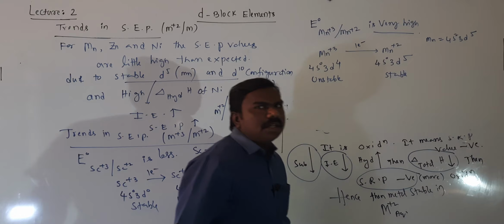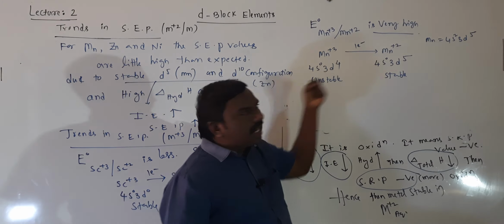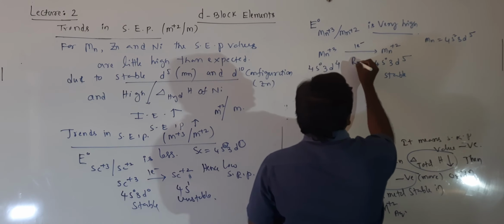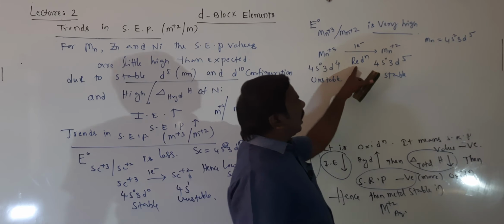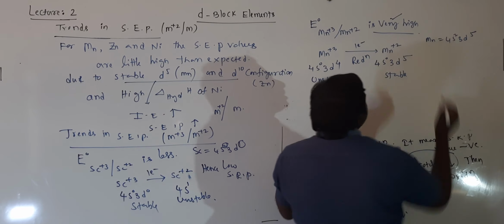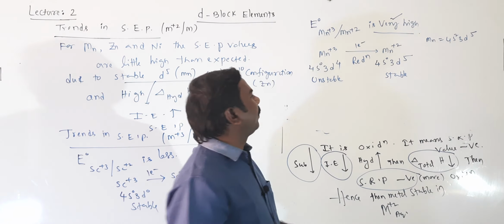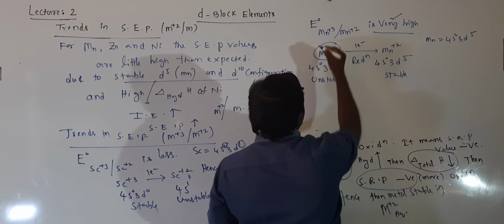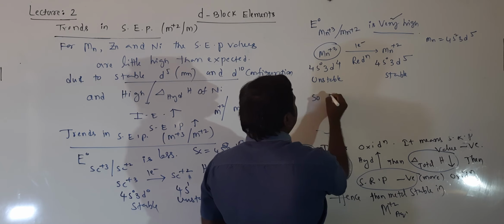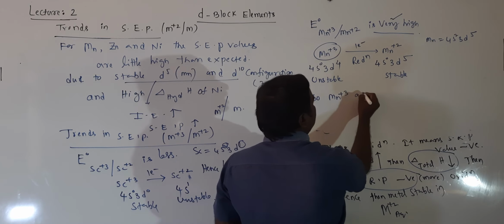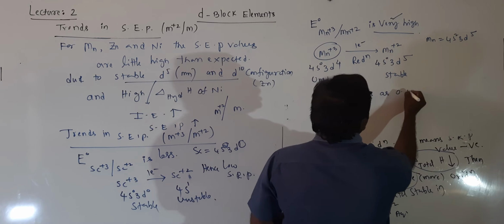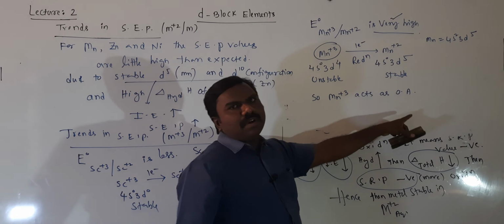Getting, students? So to get stability, it is gaining an electron, it means it undergoes reduction. Reduction means SRP value is very high. So Mn plus 3 acts as an oxidizing agent, because itself involved in reduction.